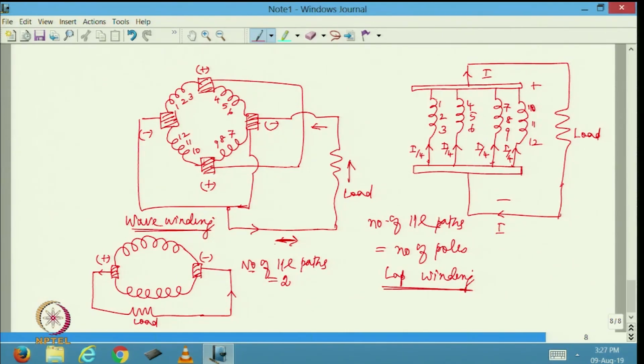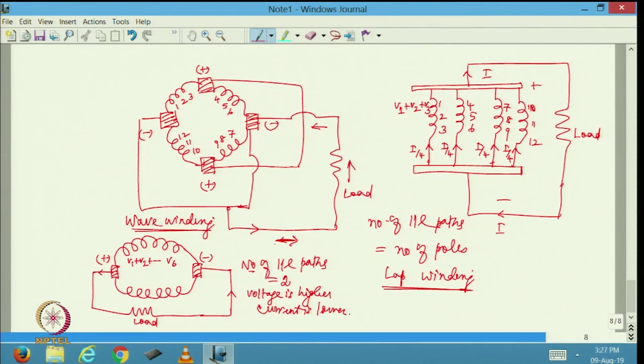Here, because I have only 3 coils connected in series, the voltage is essentially V1 plus V2 plus V3. Whereas here I am going to have V1 plus V2 until V6. So wave winding voltage is higher, whereas current is lower.